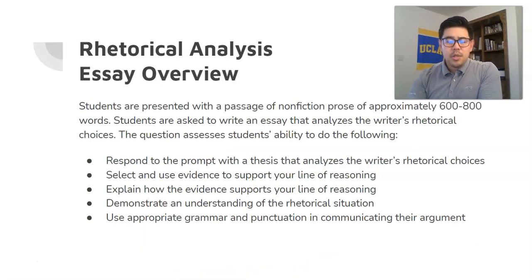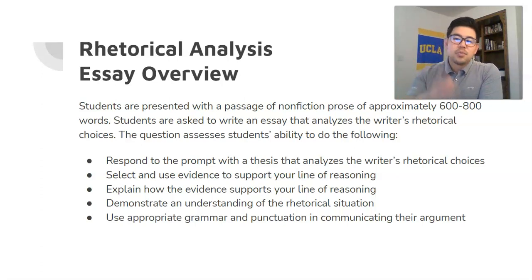Okay, and so when you write your essay, this is pretty standard of what the College Board is going to be looking for in your essay. They will first give you a passage of about 600 to 800 words, and you're going to write an essay in which you respond to the prompt with a thesis, and it should be clear.